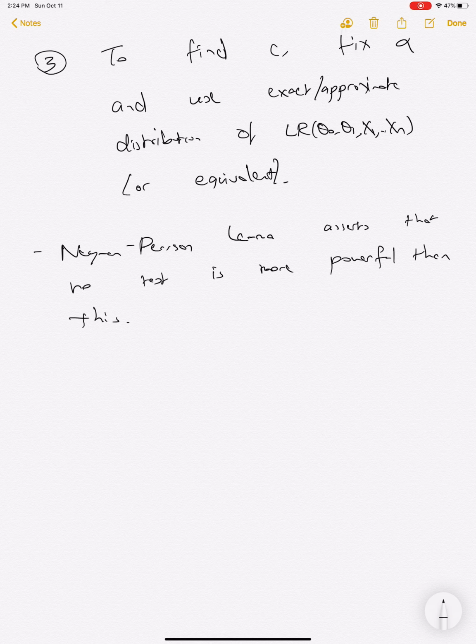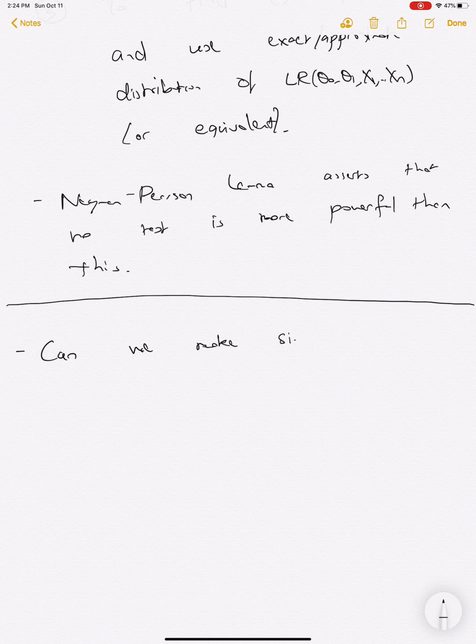And so just as a preview of what we're going to see next, can we form or make similar conclusions if H0 and or H1 are composite?